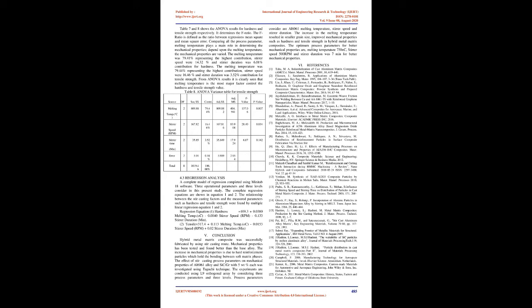Tables 7 and 8 show the ANOVA results for hardness and tensile strength respectively. It determines the F ratio. The F ratio is defined as the ratio between regression's mean square and mean square error. Comparing all the process parameters, melting temperature plays a main role in determining the mechanical properties. Depending upon the melting temperature, the mechanical properties vary.